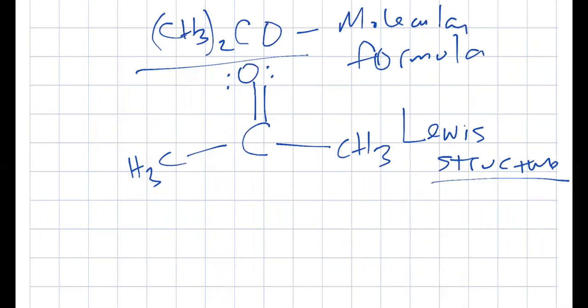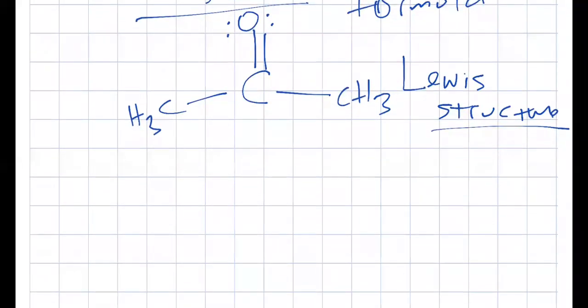by showing the electrons? How would you put it together? Right, you have a carbon right here with 4 electrons around it. That's my central carbon. You have an oxygen here with 6 electrons around it.